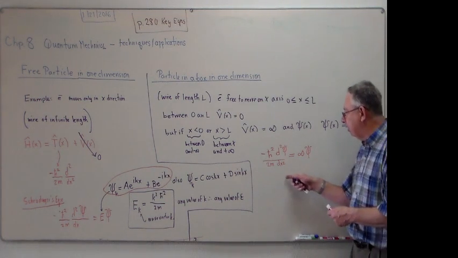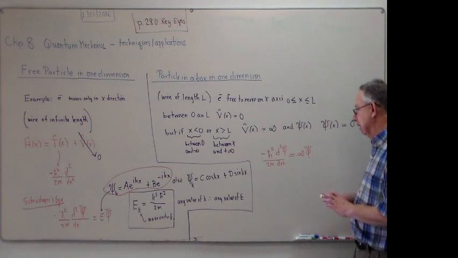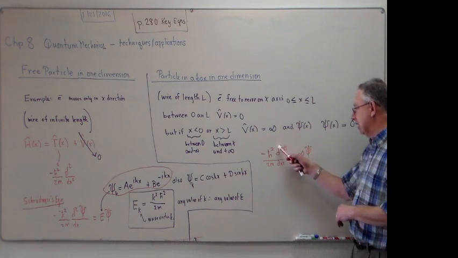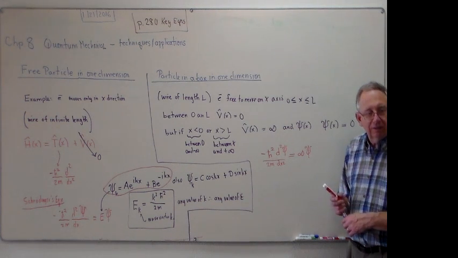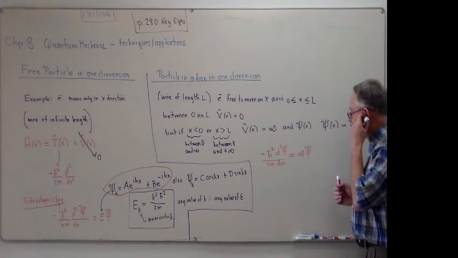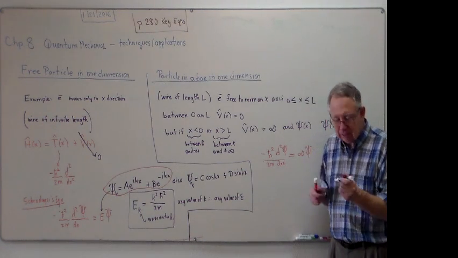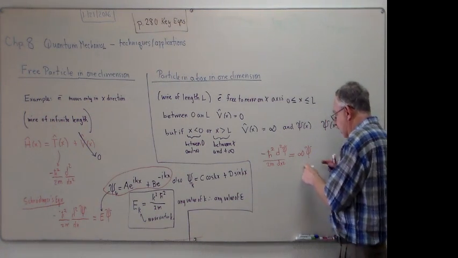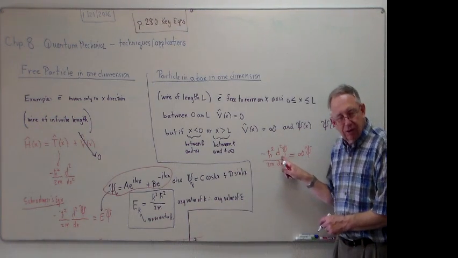You're saying the curvature of the wave function, the second derivative, equals infinity. Now, there's a real clever way to do this. This side of the equation is infinity, right? This is just a curvature.